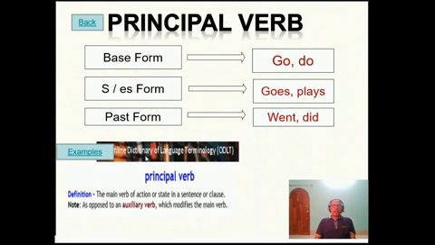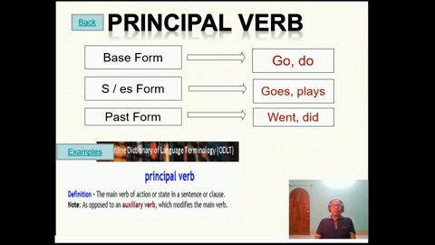According to online Dictionary of Language Terminology, a principal verb is the main verb of action or state in a sentence or clause. That is, principal verbs are those forms of main verb which describe the action or state in the sentence.